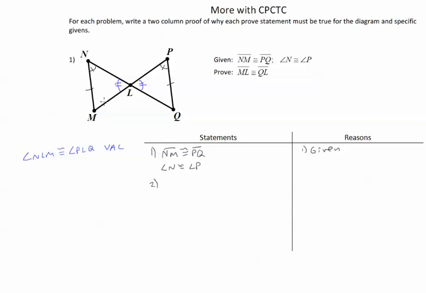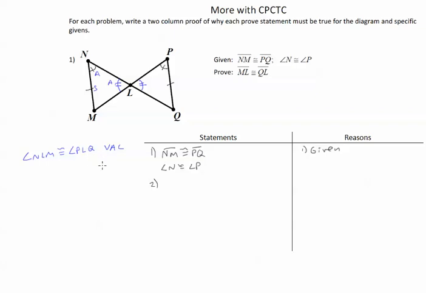Now let's look at what I have so far. Remember, to be able to prove that these two corresponding segments are congruent, first I need to prove that the triangles that they're in are congruent. Do I have enough at this point? Well, I have a segment, I have an angle, I have an angle. Some people would call that angle, angle, side.